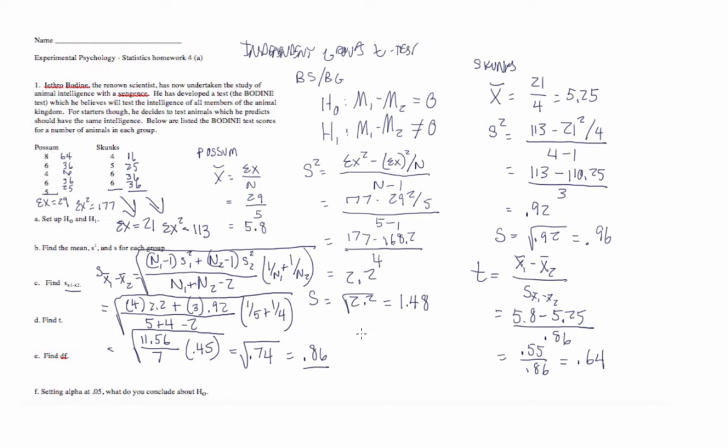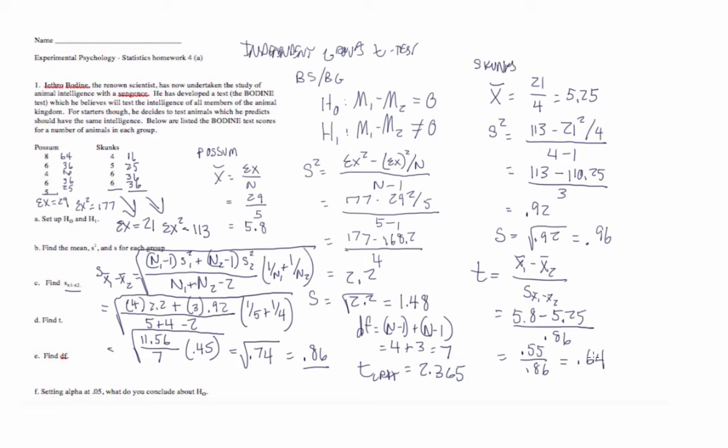Our degrees of freedom, because we need that in order to get our critical value. That's equal to n minus 1 plus n minus 1. So essentially 5 minus 1, 4, plus 4 minus 1, 3 is equal to 7. Our t critical with 7 degrees of freedom is equal to 2.365.